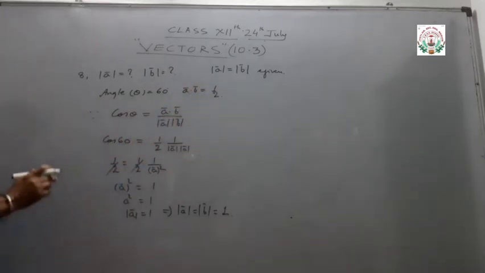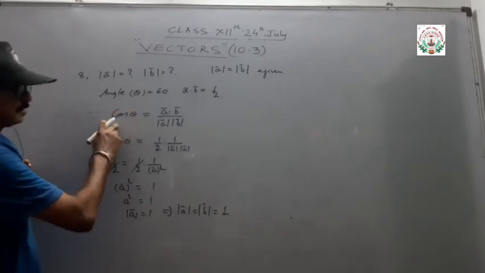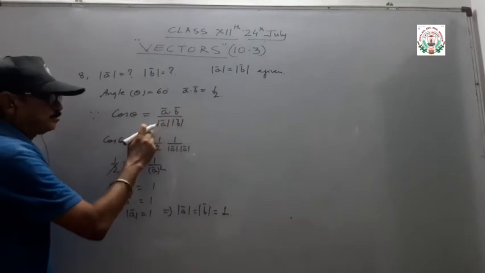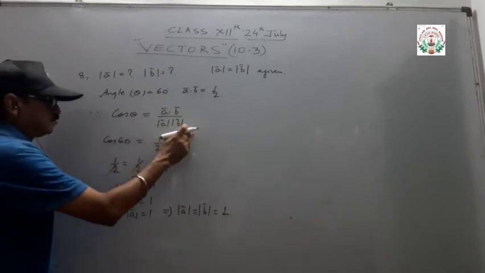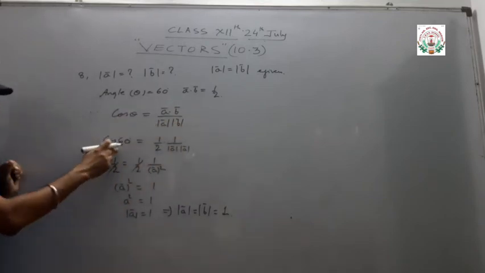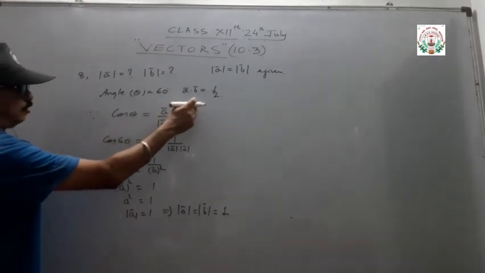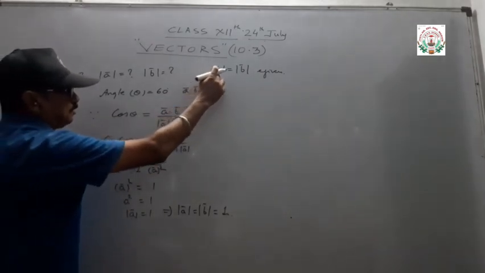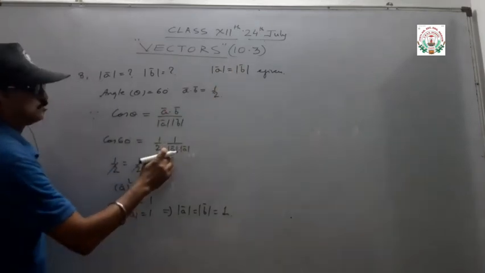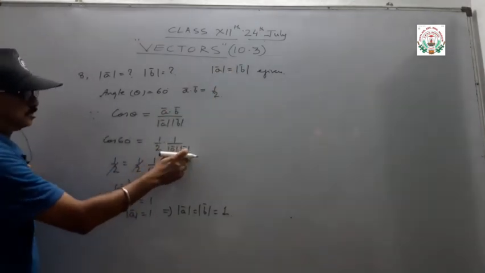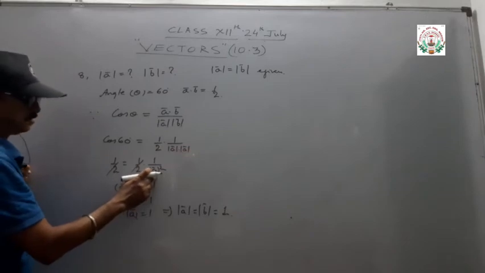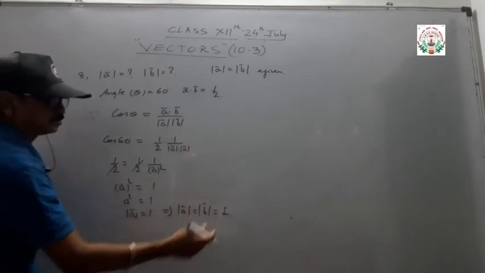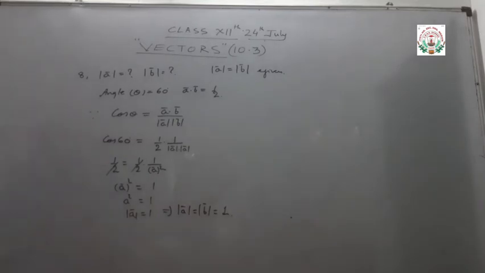So cos theta equals A dot B upon modulus of A modulus of B. So cos 60 is 1 by 2, A dot B is 1 by 2, 1 upon, as the modulus of vector A is equal to the modulus of vector B, modulus of A into modulus of A becomes vector A square. The magnitude of vector A and vector B is equal to 1 unit. Now let's move to the next question.